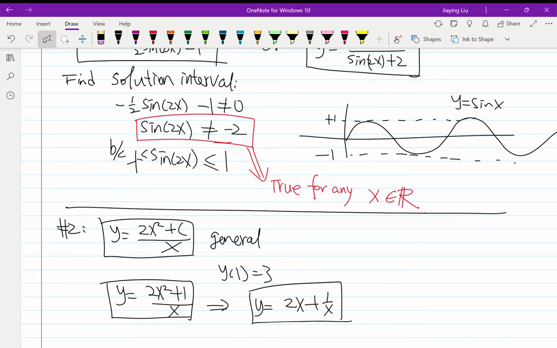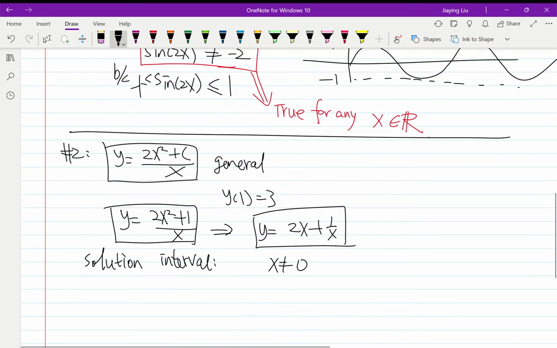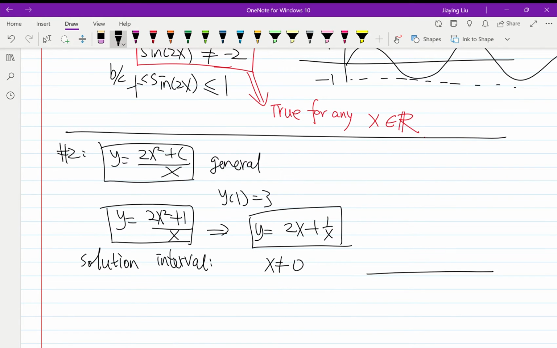When we want to find the solution interval, we have to be careful that the denominator cannot equal 0. So for the solution interval, we have to make sure that x cannot equal 0 in the denominator, which tells us, if you look at a number line, it means either the left side of 0 or the right.